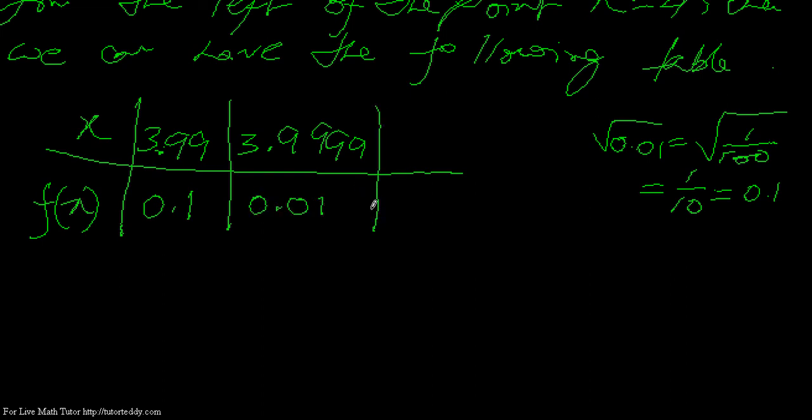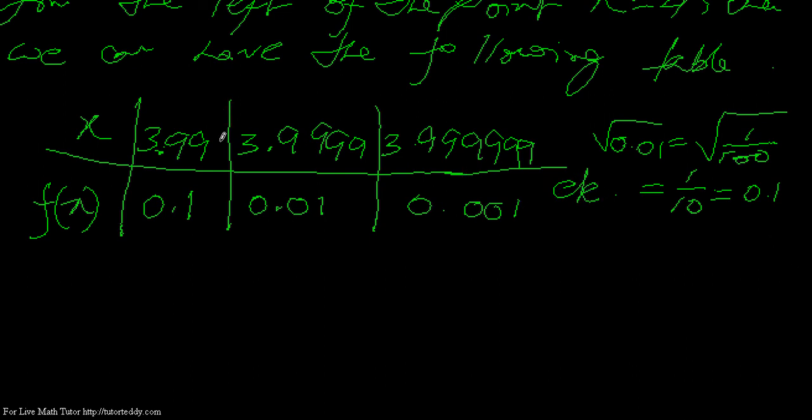Similarly, if I move further, if x equals 3.999999, see, all these values are approaching 4 from the left hand side, right? 3.99, 3.999, all these values are approaching 4 from the left hand side. So that is x tends to 4 minus, and here f(x) will come as 0.001. And this way we can move on, and so on.